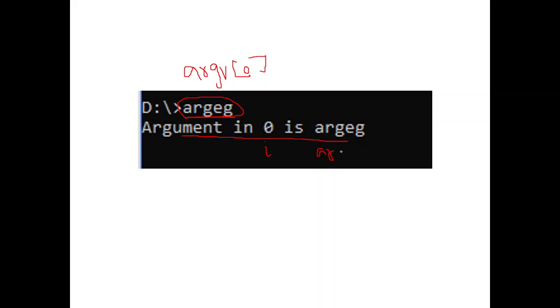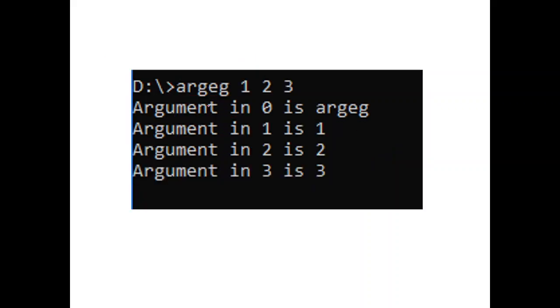So it says argument in i is argv of i. The output is: argument in 0 is argeg, which is the name of the command. And in the second run, I run my program like this: this is the program I'm running, and these are argument 1, argument 2, argument 3.